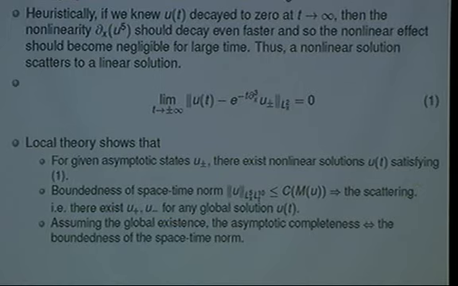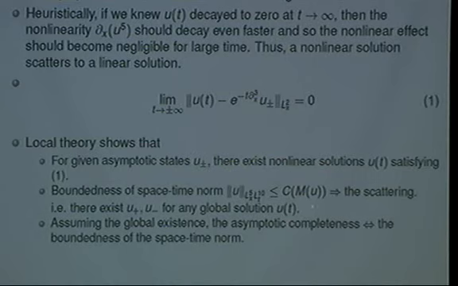Assuming the global existence, the second property is sometimes called the asymptotic completeness, and the first property is called the existence of the wave operator, because the wave operator is an operator from the asymptotic state to the nonlinear solution.